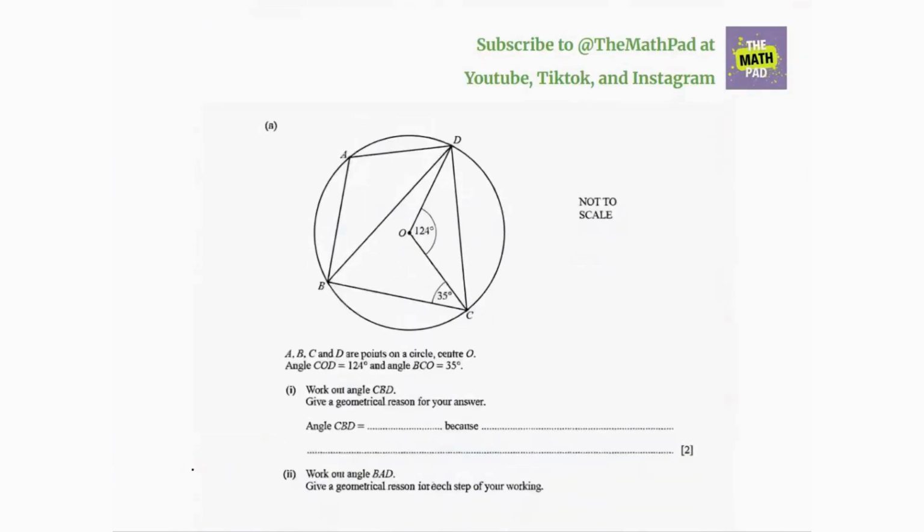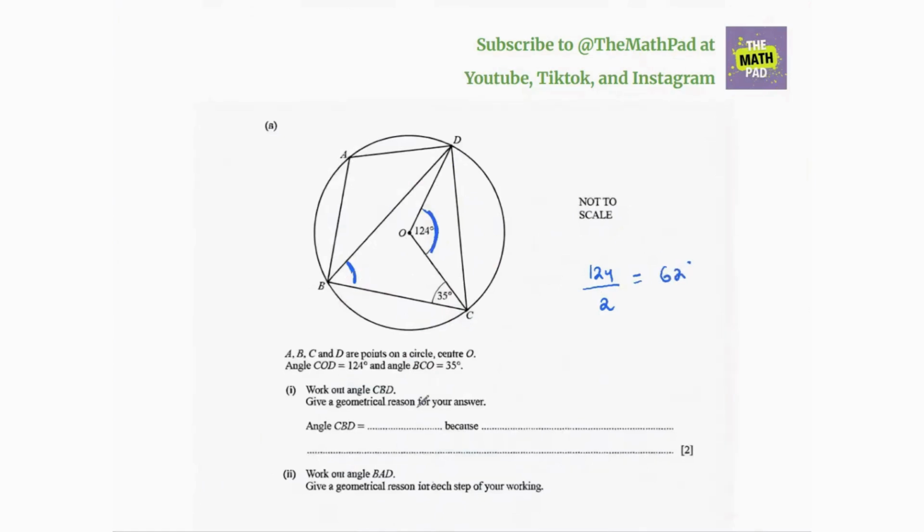Then this one says that A, B, C and D are points on the circle center O. Angle COD is given as 124 and BCO is 35. You have to find the angle CBD. This one is going to be 124 divided by 2. Why? Angle at the center is twice the angle at the circumference.